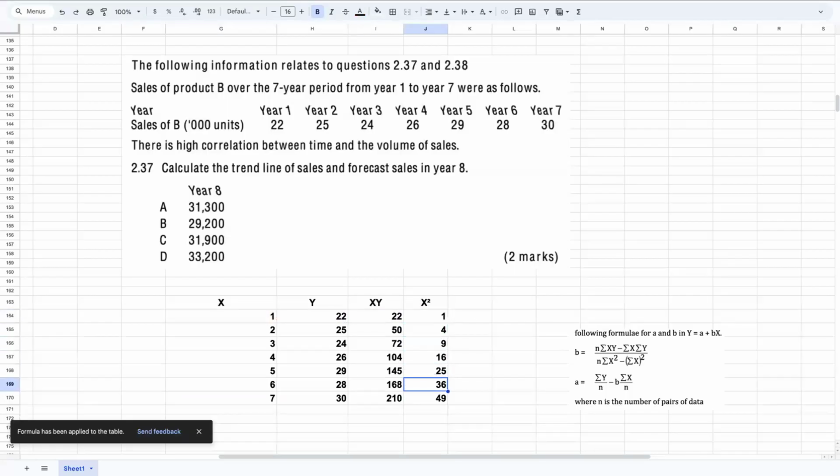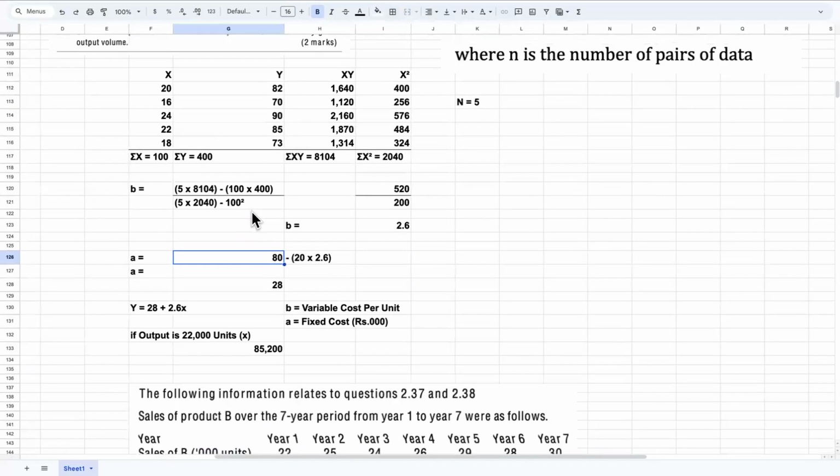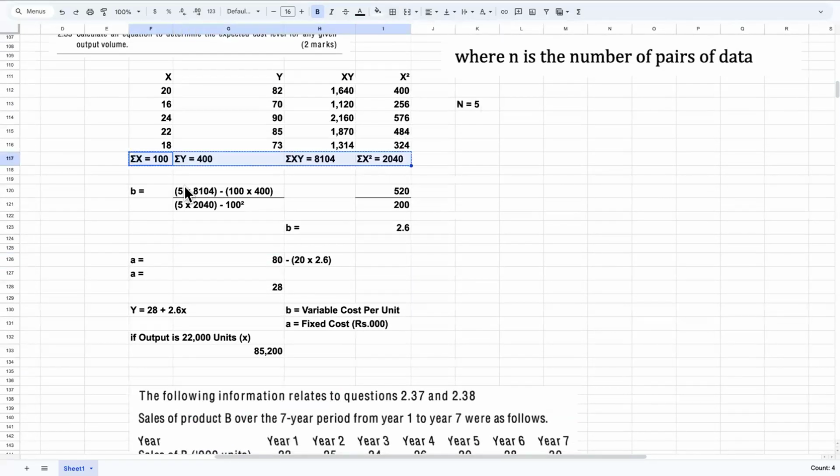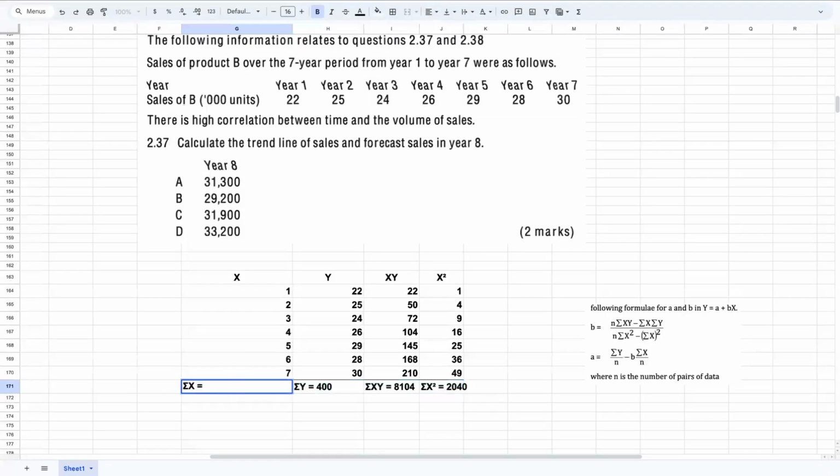Right? So we can get these numbers. You can do it individually, but in Excel I can do it very easily. So if I sum it, as we already get these numbers, we can get all the sigma values of X, sigma Y, sigma XY, and these values.